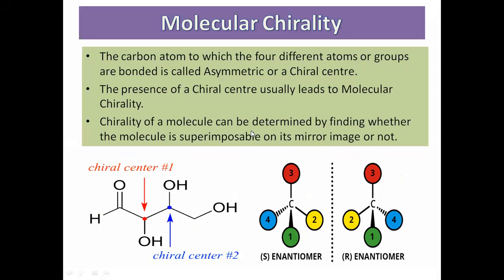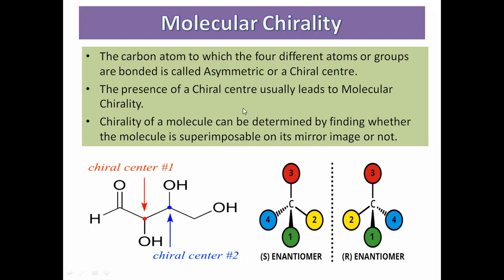Now see what molecular chirality is. When a molecule contains a carbon, and that carbon is attached to four different atoms or groups, the carbon to which the four different atoms or groups are bonded is called the asymmetric or chiral center.